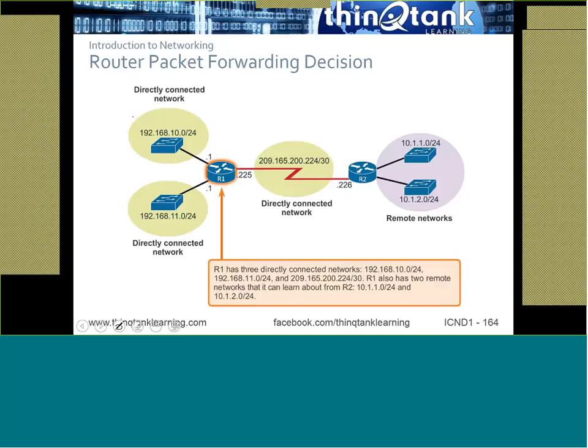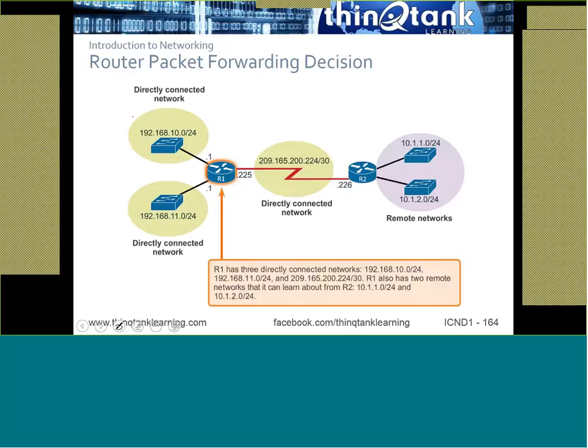What does a switch do when it doesn't know how to reach a destination? It floods, right? It floods the information out of every port except for the port it came in on. What does a router do when it doesn't know how to reach a destination? It drops it.